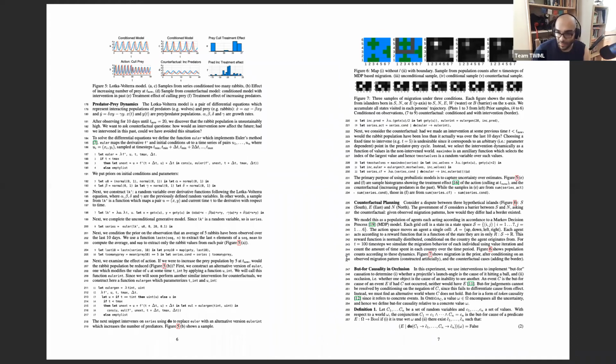Then he gives some examples towards the end in terms of counterfactual planning, which, like I suggested, was a very important use case. In the talk that Jeremy shared in the Slack, he talks about thinking about occlusion. So occlusion is thinking in terms of but-for causation, which is a kind of counterfactual statement.